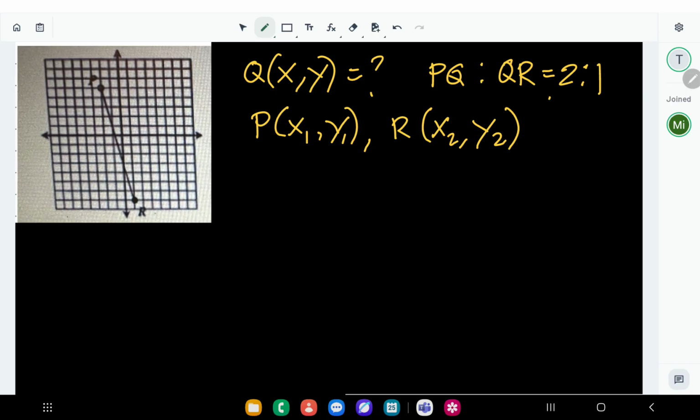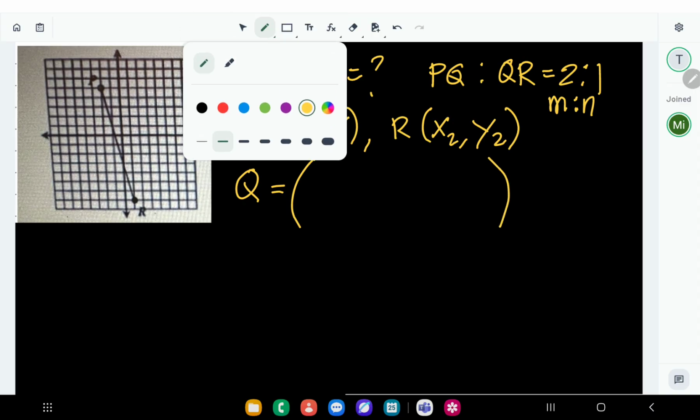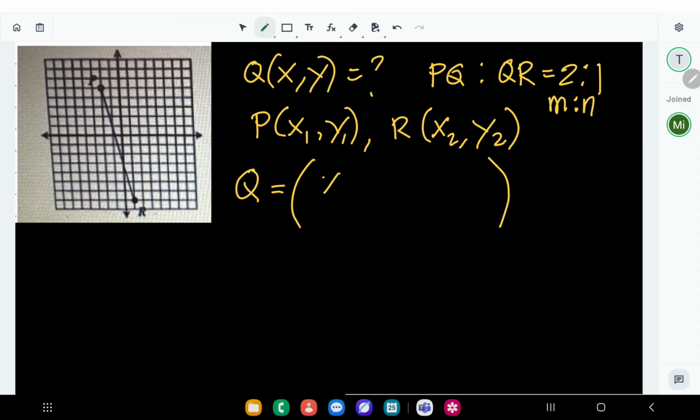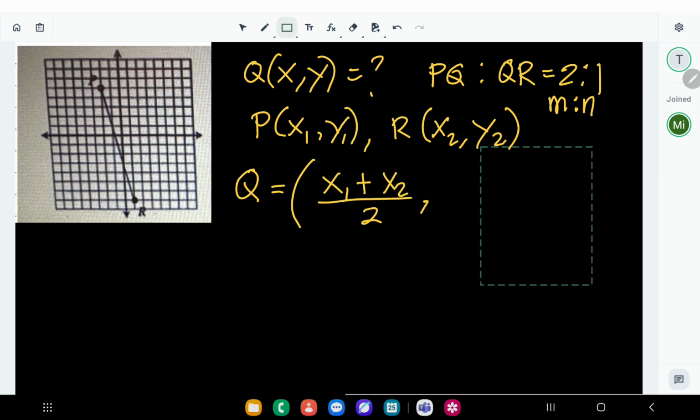In the ratio, let's denote the ratio as m to n. All right. So point Q here is not the midpoint, but we can use the midpoint formula. The midpoint formula is x sub 1 plus x sub 2 over 2, y sub 1 plus y sub 2 over 2.